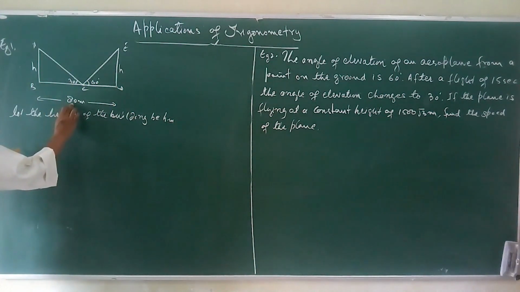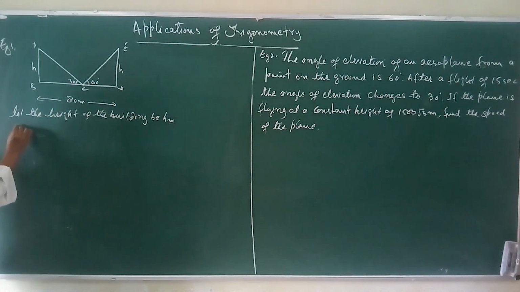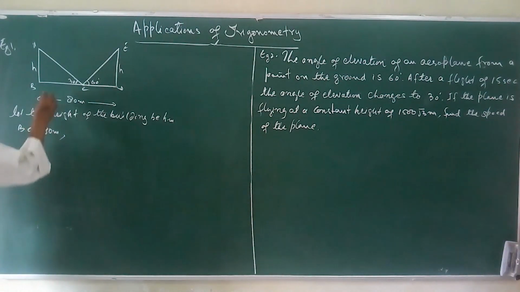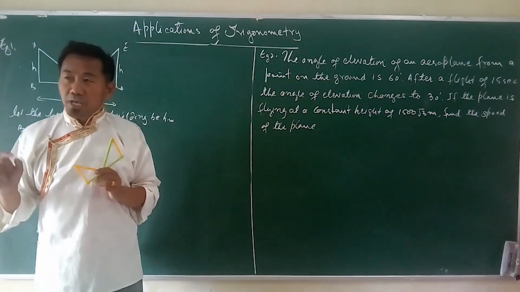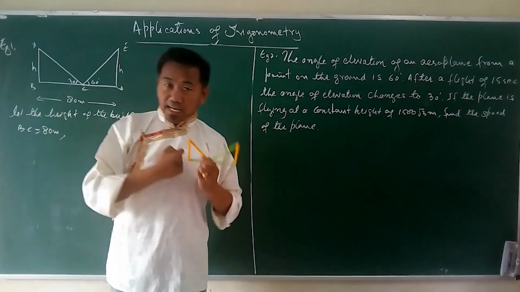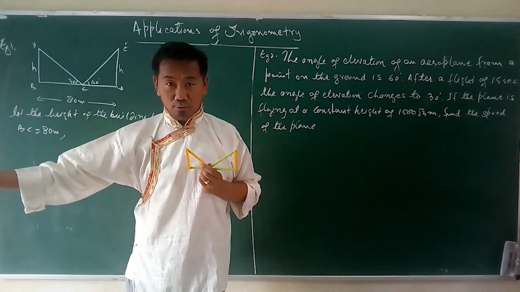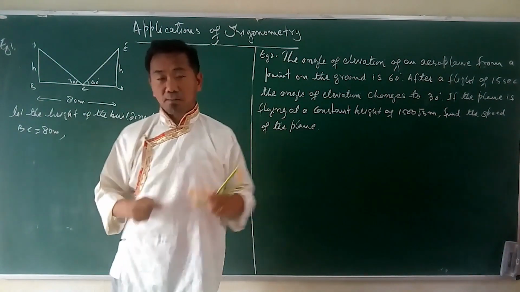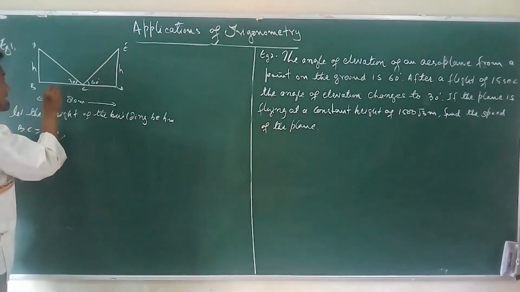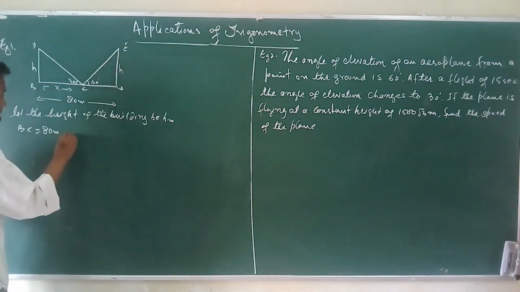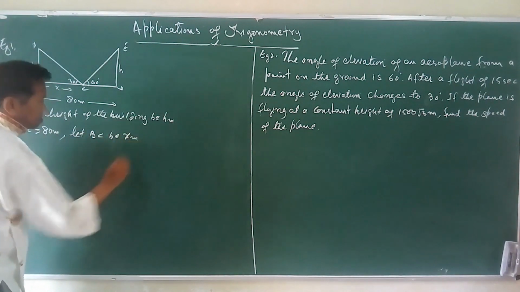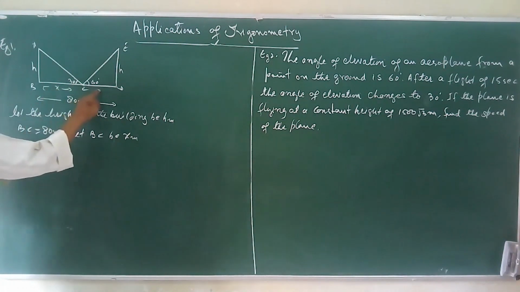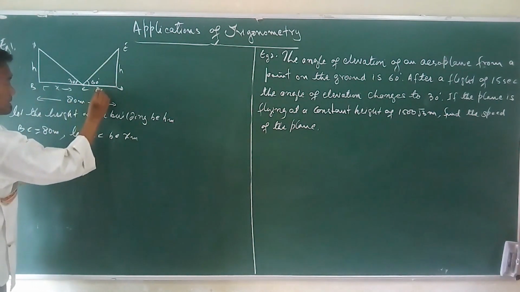The given distance is 80 meters, and BC is part of it. Let BC be x meters, so the remaining distance is 80 minus x.